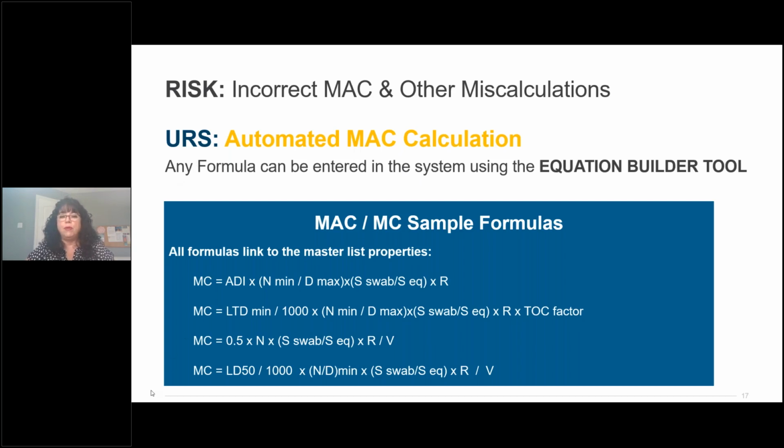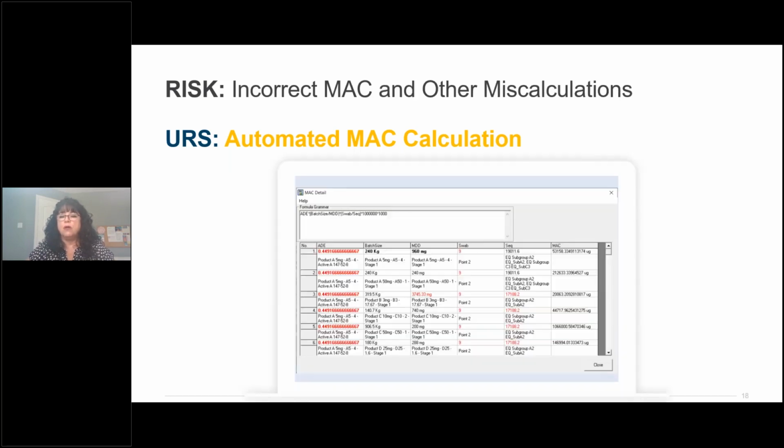You create your own formulas. For MAC calculations, you can have multiple formulas, including MAC formulas for product residue, cleaning agent residue, or general or microbial contamination also. So all of those can be incorporated into the system very easily.